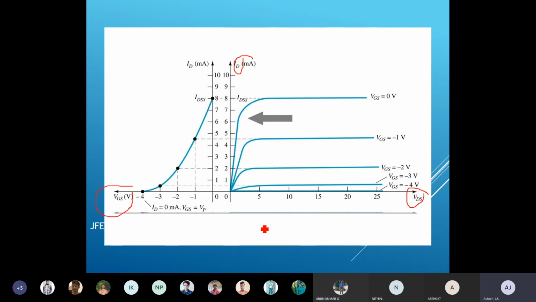My question is, which is the output voltage and which is the input voltage? VGS is input, correct. VDS is output, correct. So the amplification factor can be calculated by the output voltage VDS by the input voltage VGS, right?